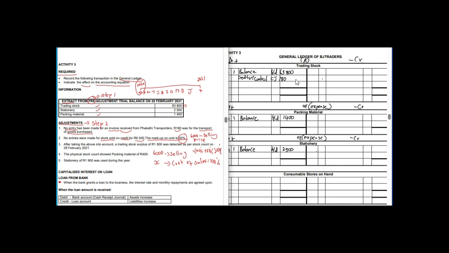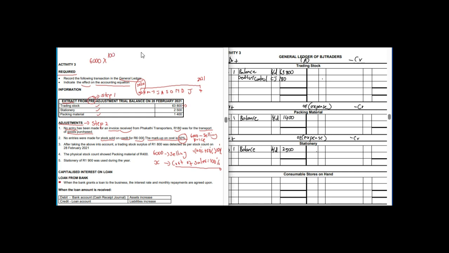So now guys, let's calculate. We have the selling price of 6,000, and then multiply by what we are looking for. We are looking for cost of sales, which is 100%.